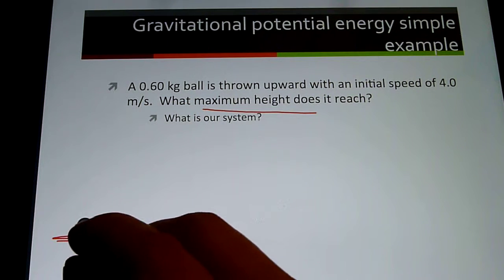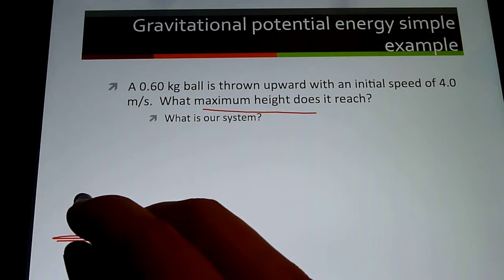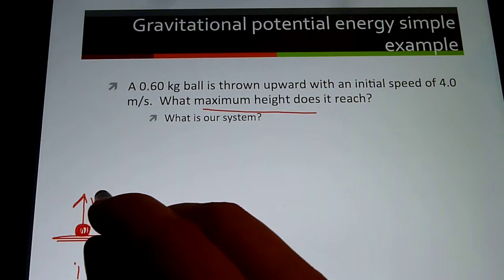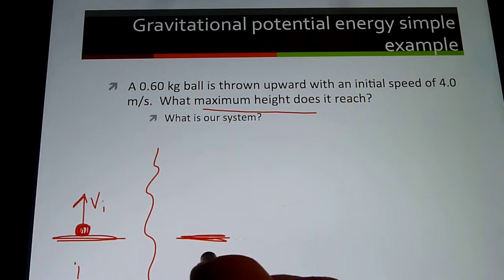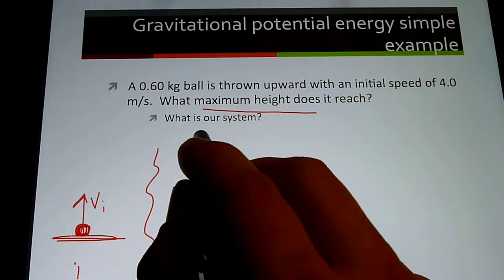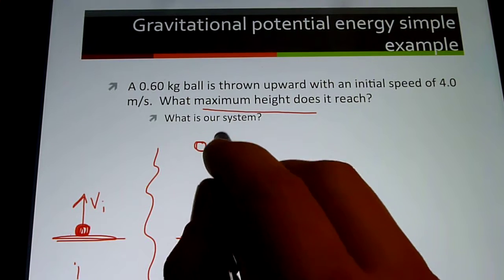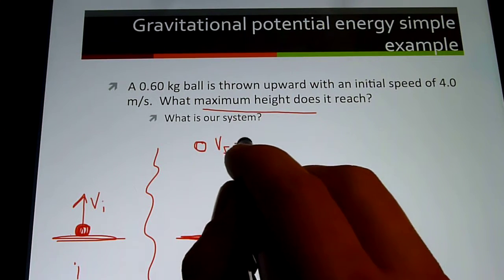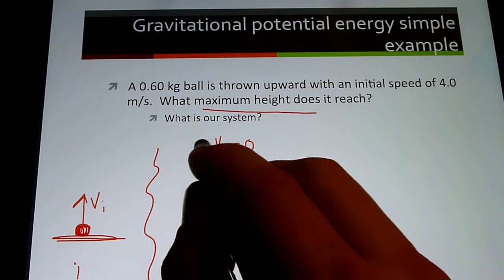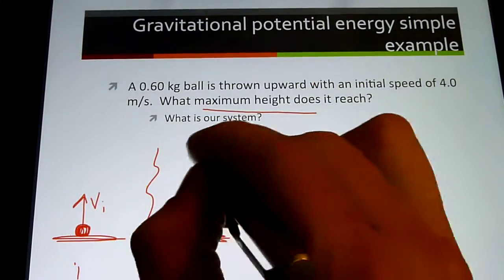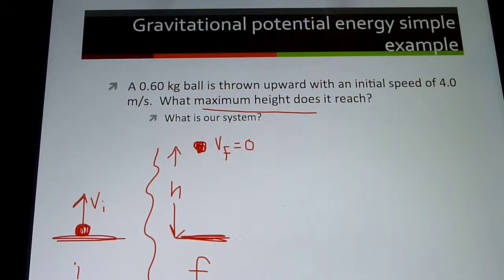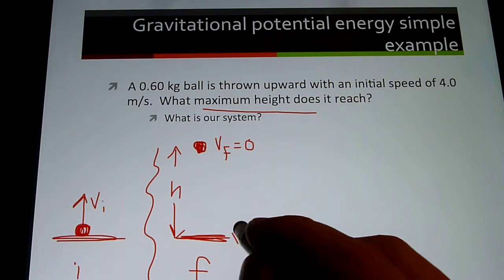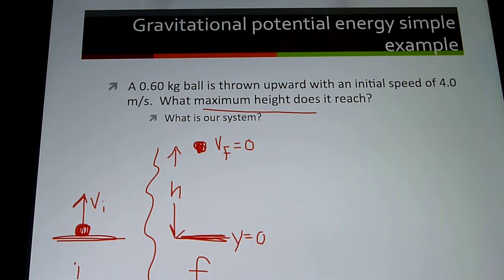I have my ball on the ground traveling up with an initial velocity, vi. And then at some time later in my final situation, I have my ball up here with vf equals 0, and I have reached some height, let's call it h, right? Some height off the ground. Let's call the ground y equals 0.